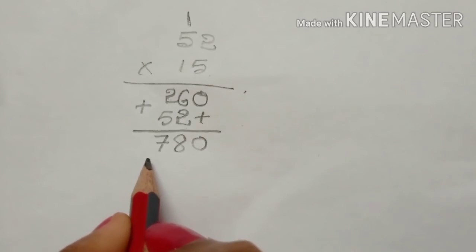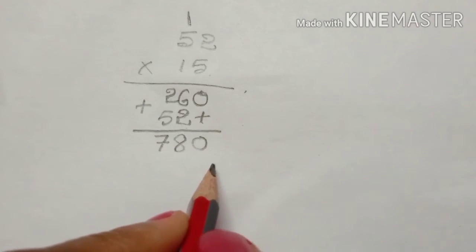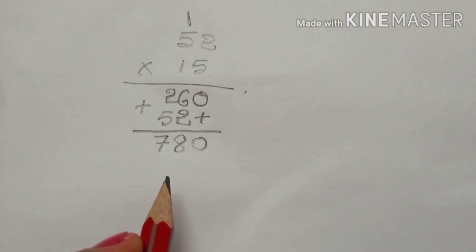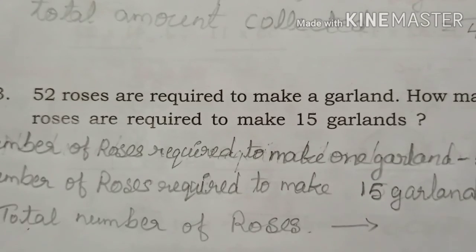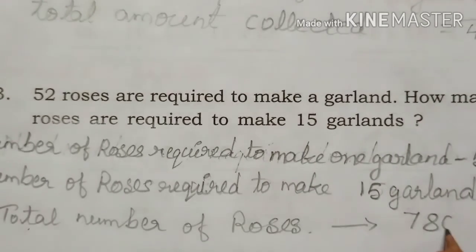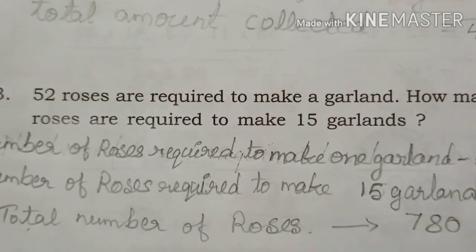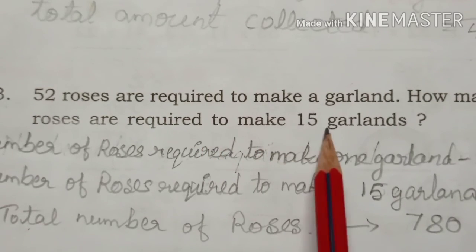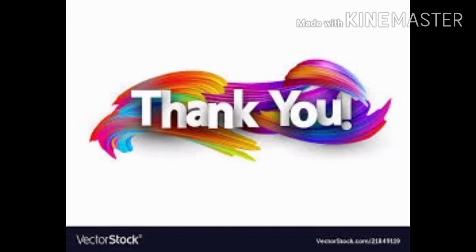So total 780 roses required to make 15 garlands. So 780 roses we need to make 15 garlands. Thank you, children.